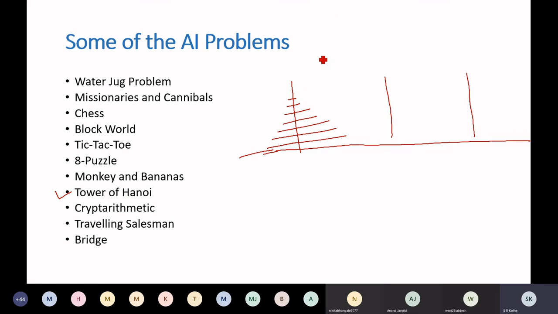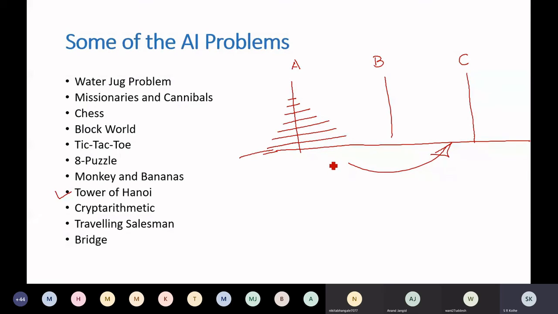Suppose I name these poles pole A, pole B and pole C. So what this problem says, you will have to arrange the same tower by moving those discs onto pole C in such a way that there is always a smaller disc on the larger disc.